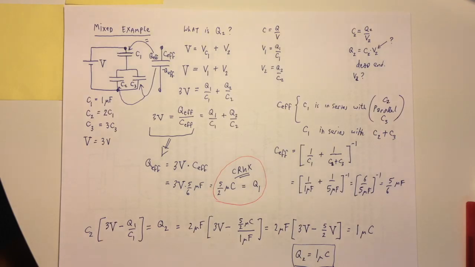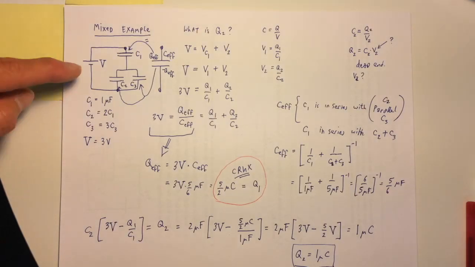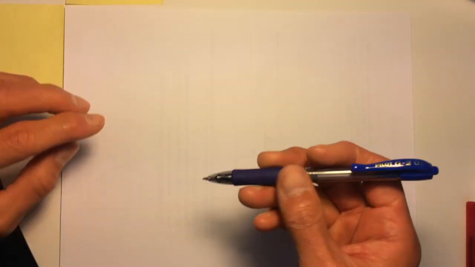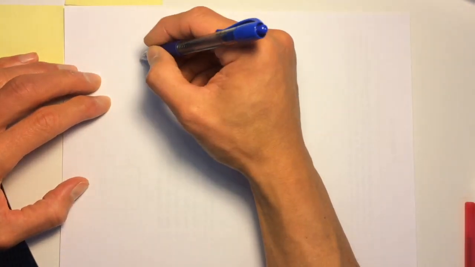Yeah, so this stuff's really hard. And this is only one example of a capacitor network with 3. Like, what if the problem was like this instead?